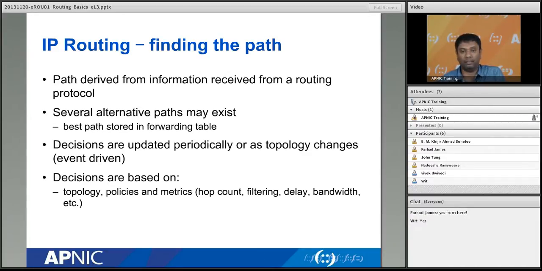Different routing protocols use different metrics, in combination with other factors. When a router selects or learns a path, it is based on topology, policy, or metric. The metric can include hop count, filters, delay parameters, bandwidth, and many other factors. Based on all those, the router selects the path.